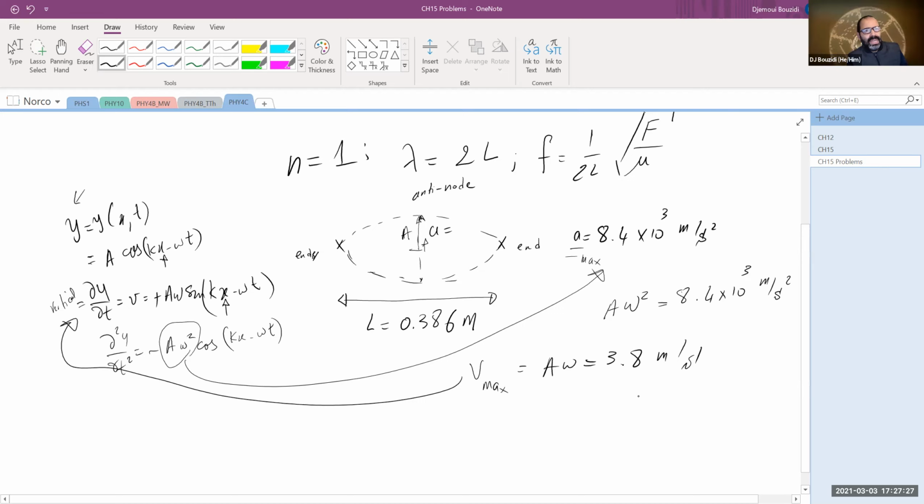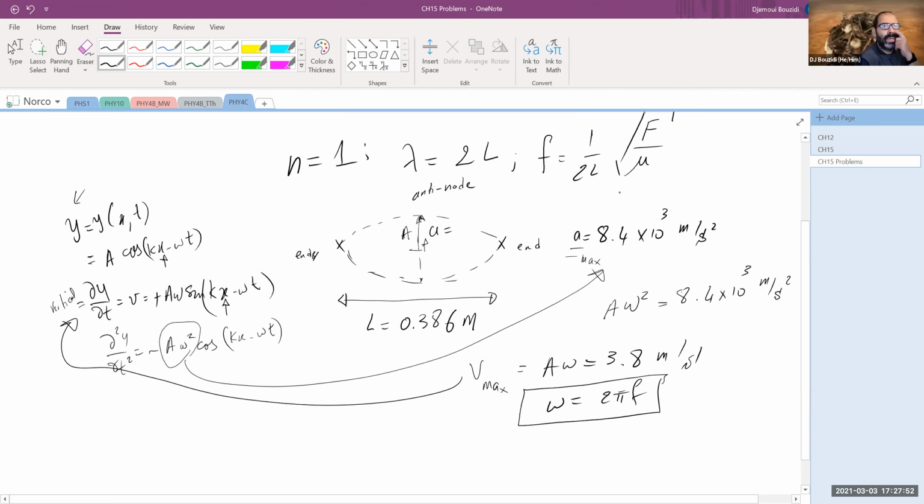Even if they didn't ask me anything, from these two equations I can find both the amplitude of this wave and the omega of this wave. Since I find omega, I can find its frequency, because the frequency and omega are related to one another through this relationship. Since I find omega, I can find f. If I can find f, I already know what L is.